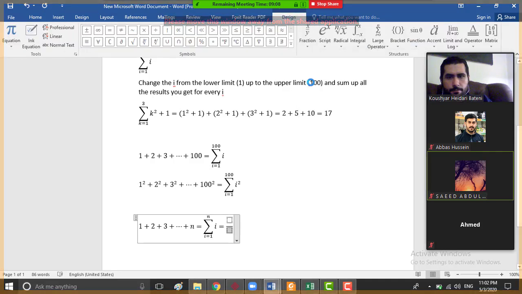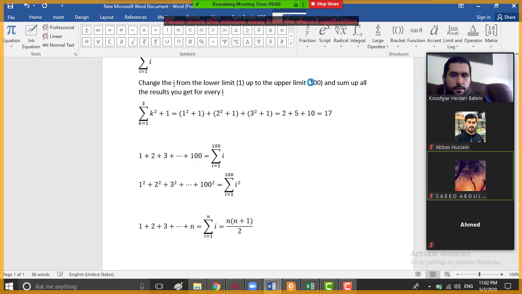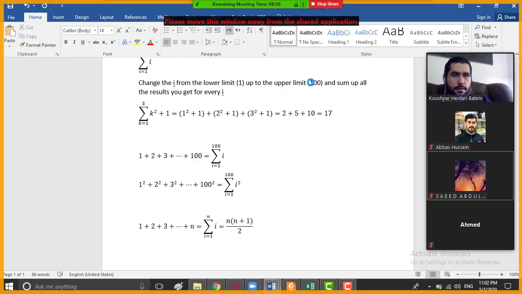Right? And we have used this formula in one of the examples of the recorded lecture.